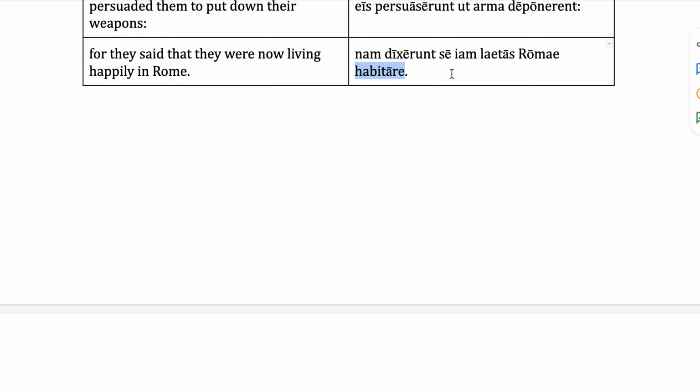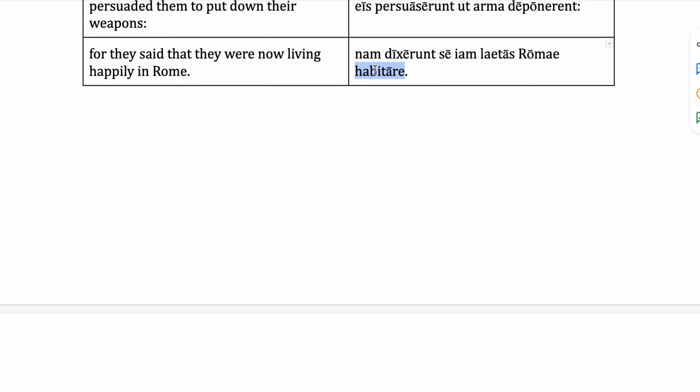And the reason that you don't is because the two ideas of them saying and them living are simultaneous, right? And that's what the present tense here in Latin is expressing. So the women said that they were at that time living, right? So the saying and the living are simultaneous, they're happening at the same time. The women are talking about their situation at the present time for them.